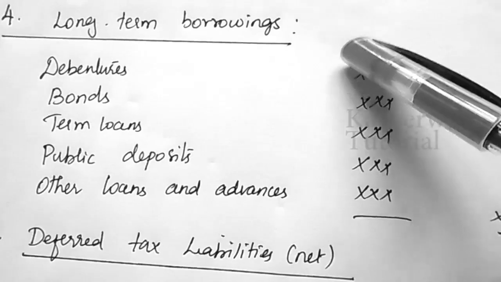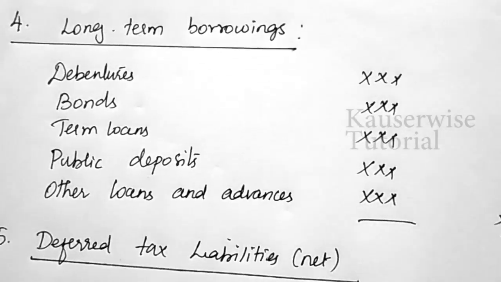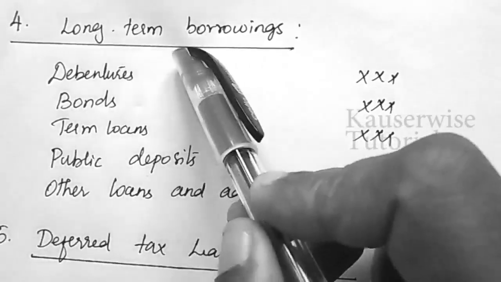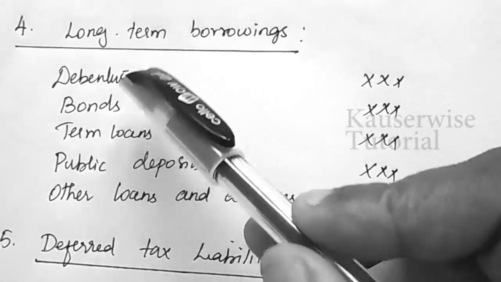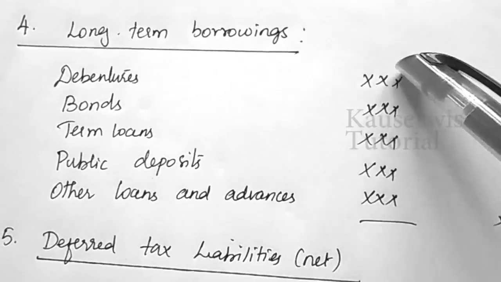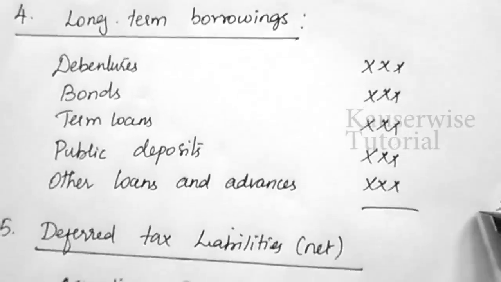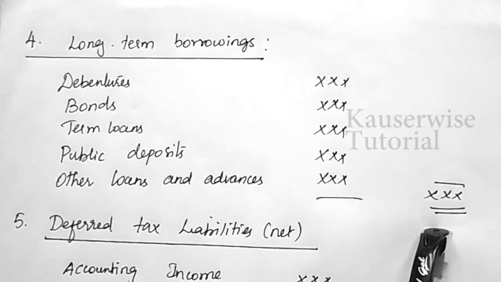If you are going to repay these amounts after 12 months, they are called long-term borrowings. So debentures, bonds, term loans, public deposits, other loans and advances are different components which come under long-term borrowings. This amount will be recorded in the balance sheet.